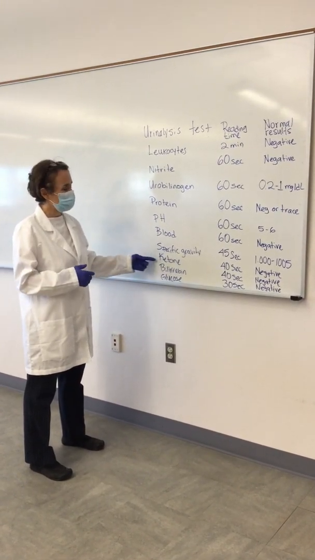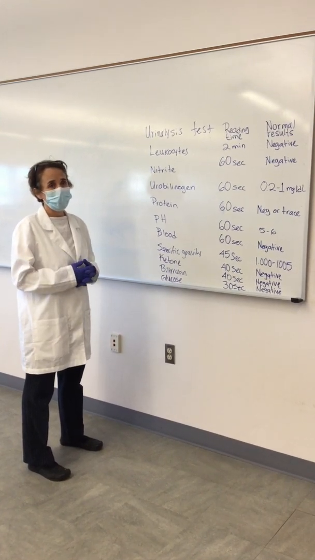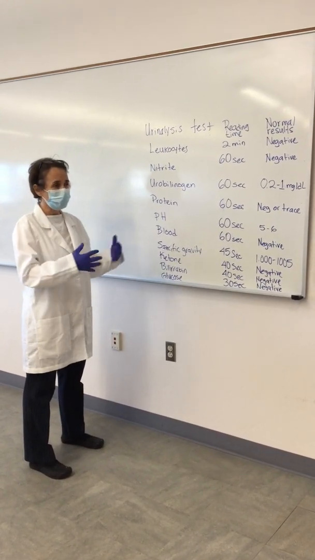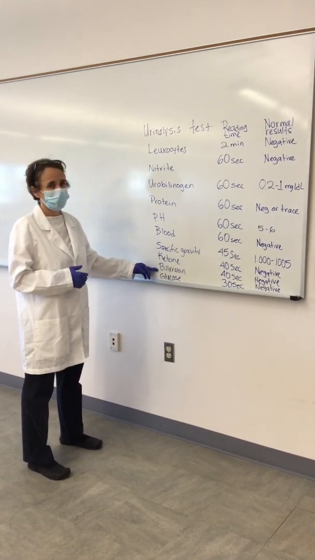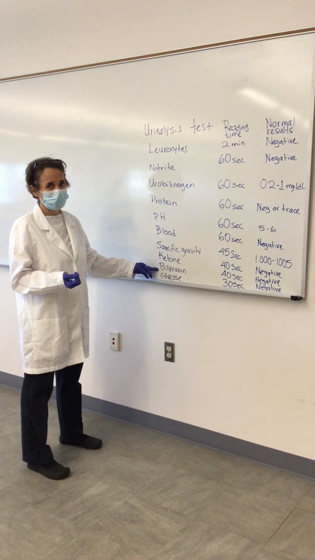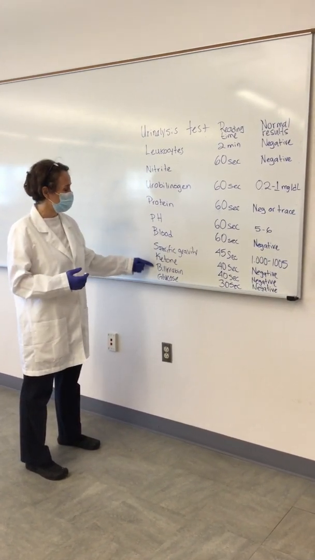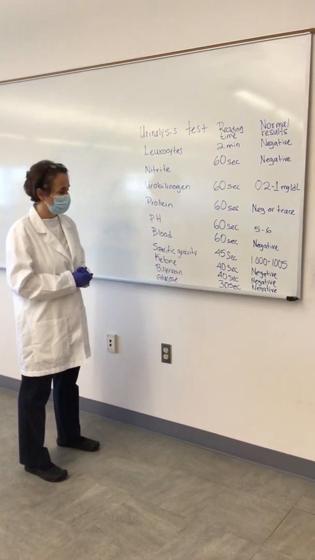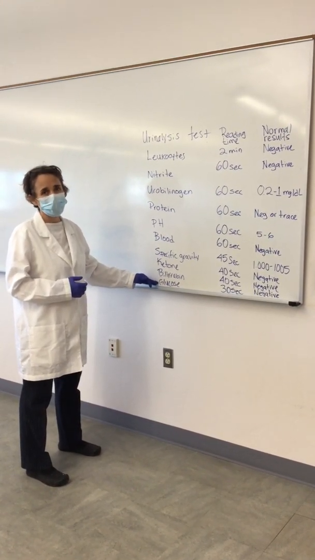And if someone has ketones in their urine, that means that the person is either starving or undergoing ketosis. Bilirubin is a pigment, so it is part of the metabolism of the heme, so we shouldn't have any bilirubin in our urine, and also we shouldn't have any glucose.